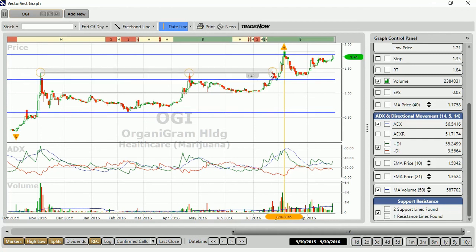So you can see those levels across there. One approach is to set your stop price a little bit below the last or major support area, and that was $1.42. So maybe we would use $1.40.